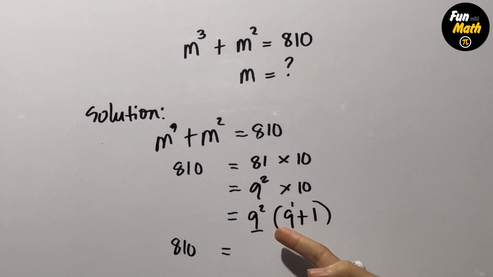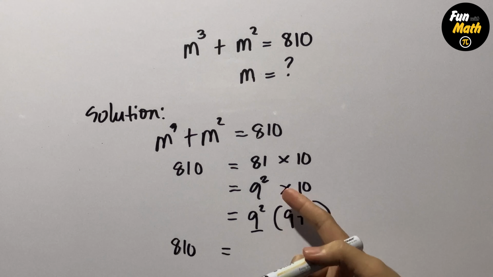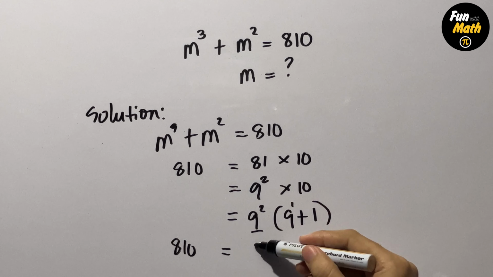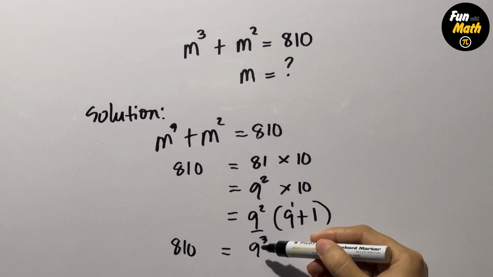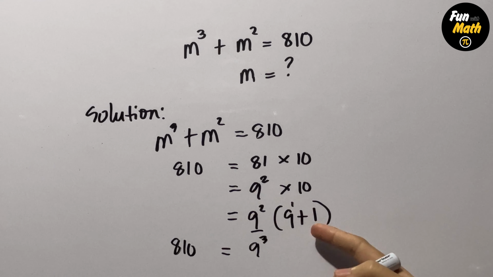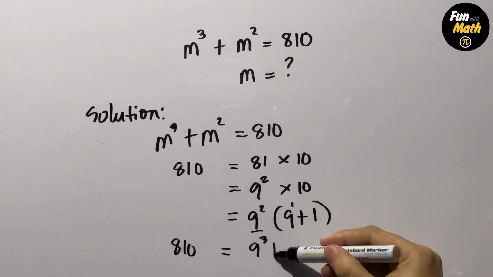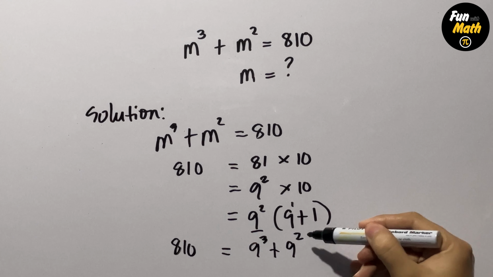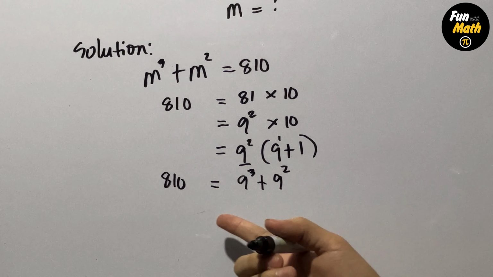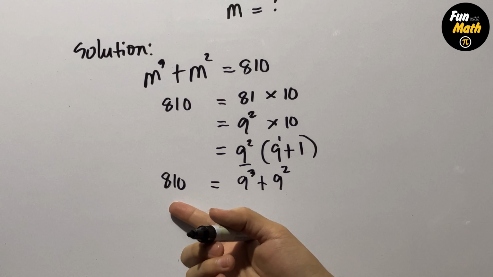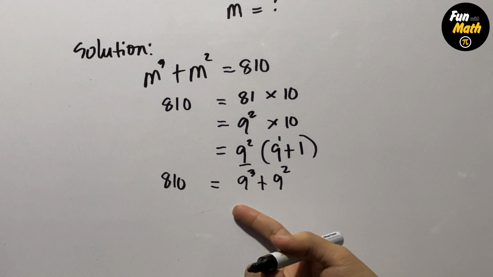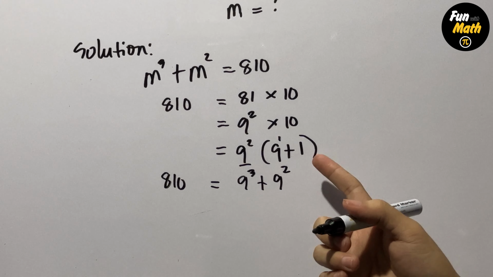So 9 squared times 9 to the power of 1, that is 9 cubed. Then 9 squared times 1, that is 9 squared. So that is now plus 9 squared. So now 810, we can write it as 9 cubed plus 9 squared.